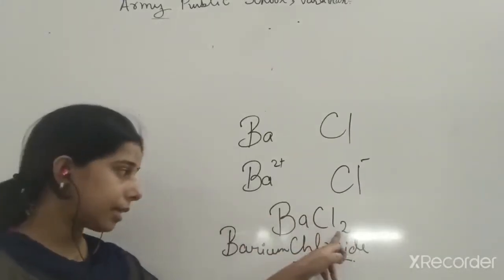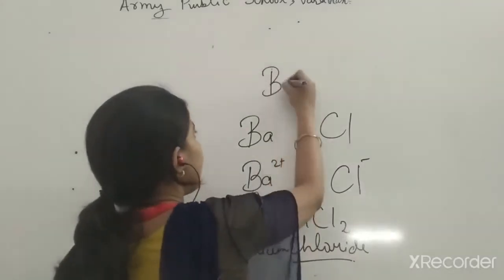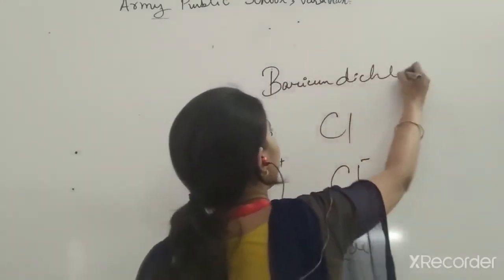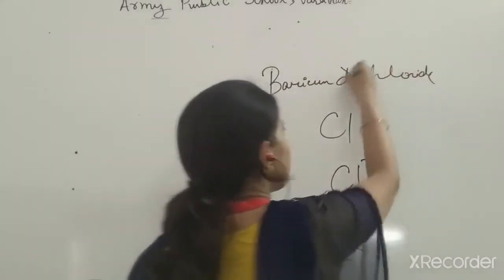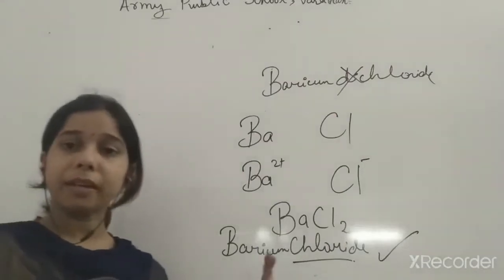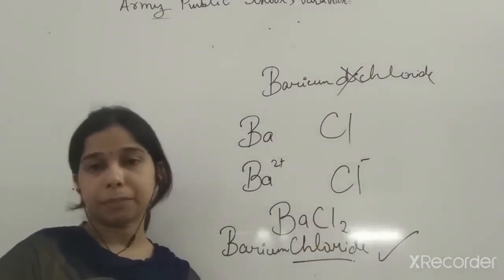You can see the 2 is written here, but we will never write it like barium dichloride. No, this is wrong. This is correct, barium chloride. We will never mention the number of the subscript which is attached with it.